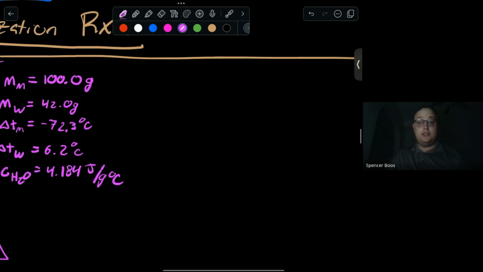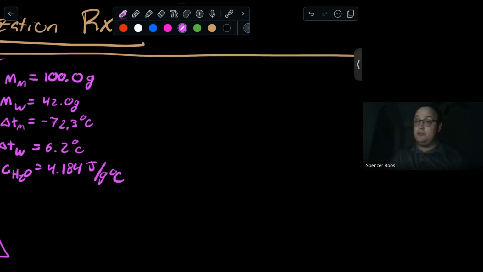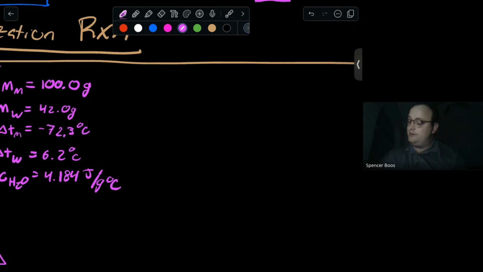Now, with our equation, all we need to do is plug this in. So we have the negative 100 grams times C of the metal times the negative 72.3 degrees Celsius.